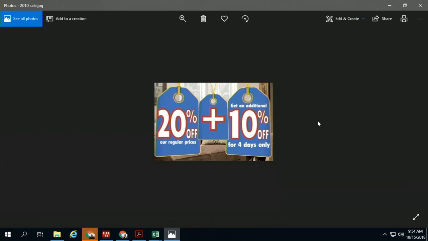Okay, so on January 1st in 2010, I saw this ad in the paper. It came in the paper and it said 20% off plus 10% off. And I was like, this is going to be an excellent way to teach my students about what you do with multiple discounts.